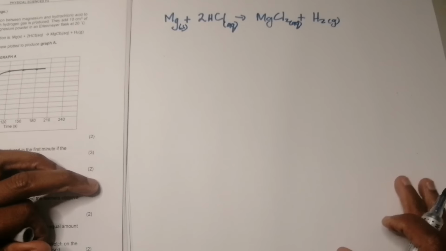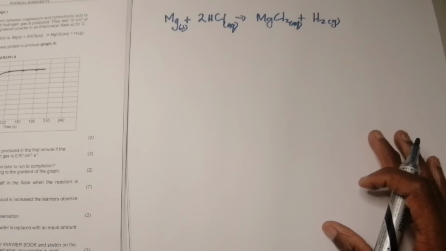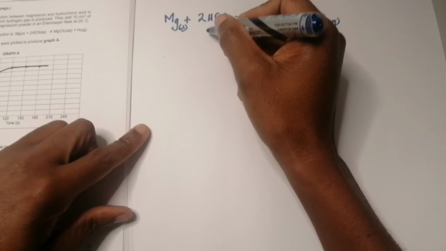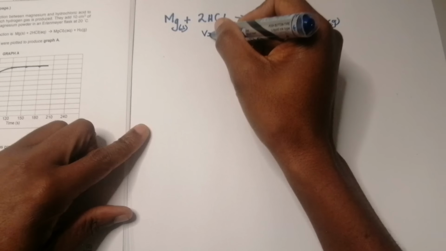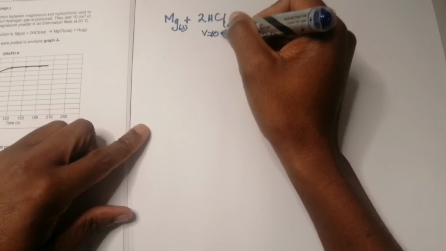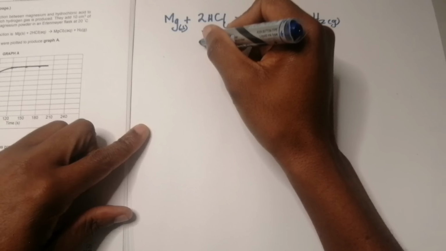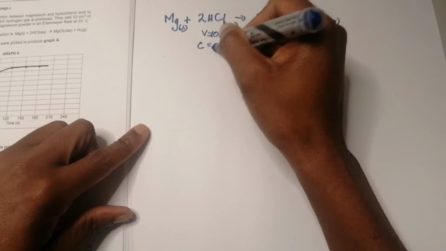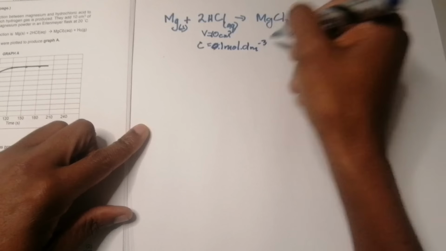Right, now what I'm simply going to do is the following. Let's write down the information that we have for each. They gave me the volume of hydrochloric acid, so the volume is 10 cubic centimeters. And then they also gave me the concentration to be 1 mole per cubic decimeter.